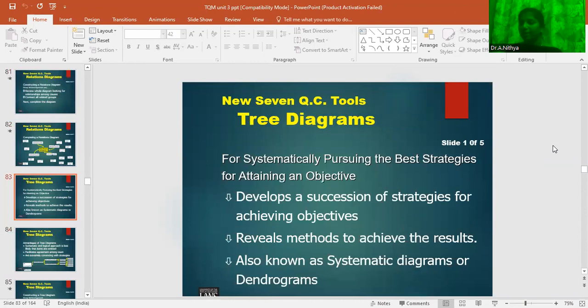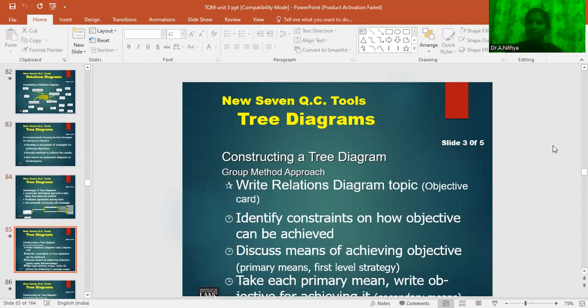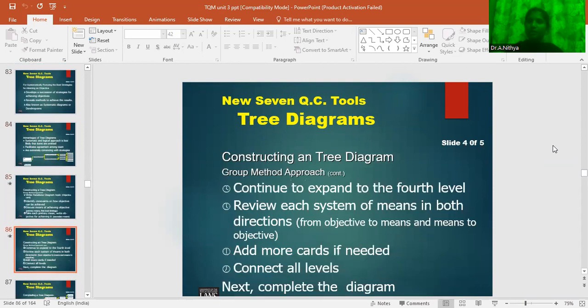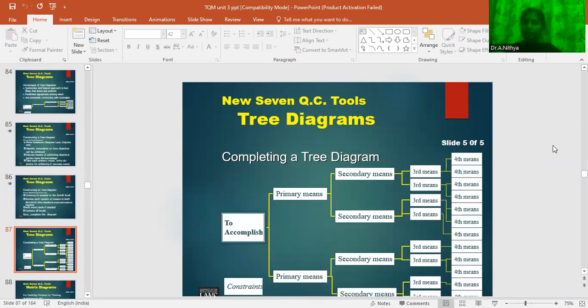Next is the tree diagram. So what is the purpose of this tree diagram? The tree diagram is used for deploying general concepts into details. So this is how a tree diagram is drawn. So to accomplish the goal, we have primary means.